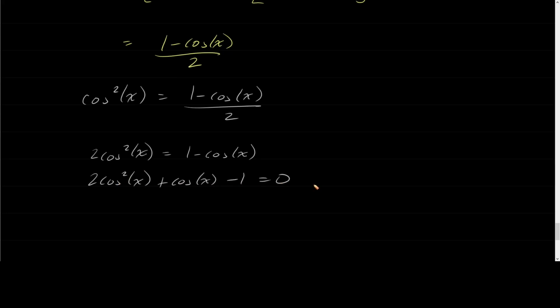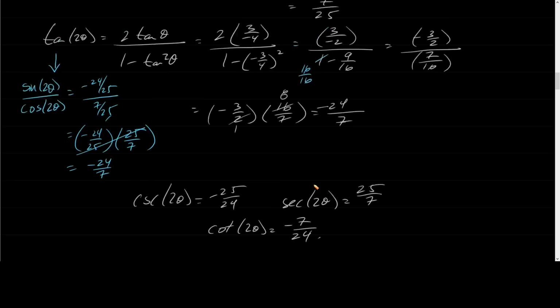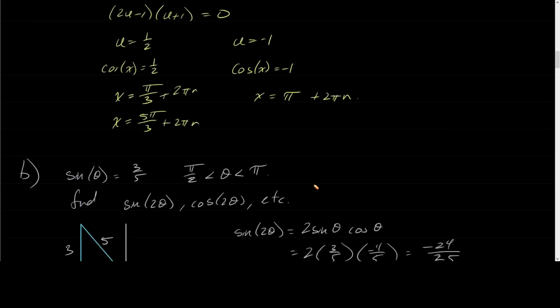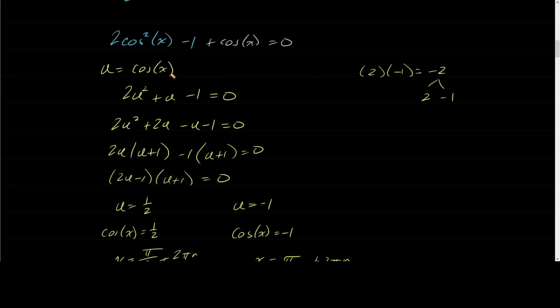And at that point, that should look very familiar, because that is an equation that we solved earlier. And where is it? There it is: 2 cosine squared plus cosine minus 1.